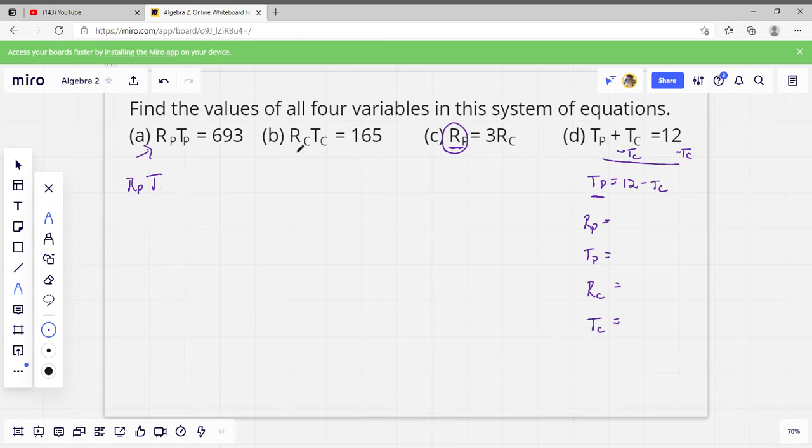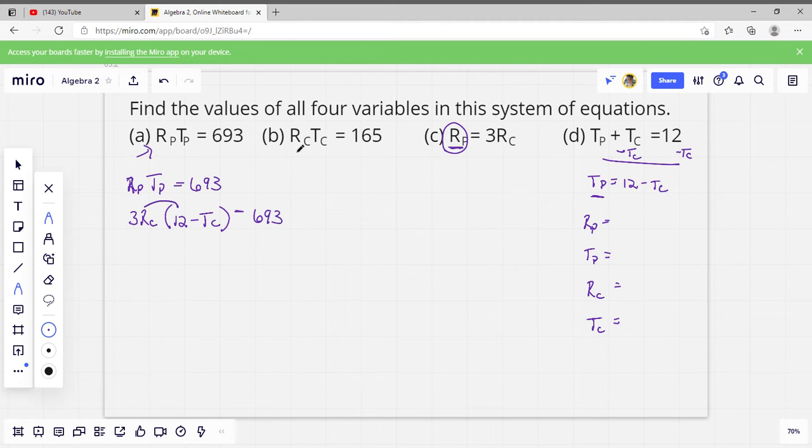RPTP equals 693, and first we'll substitute this RP, which is 3RC, so 3RC times TP, which is 12 minus TC, and we get 693.